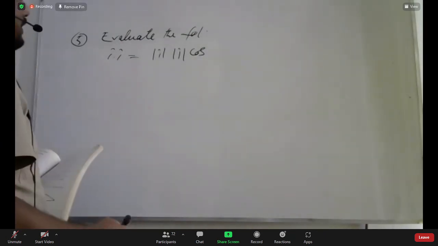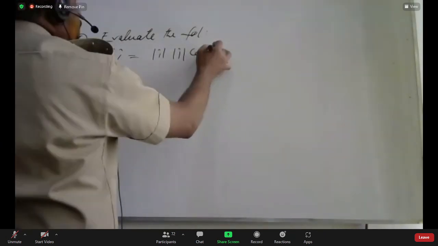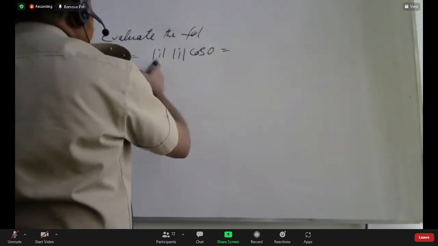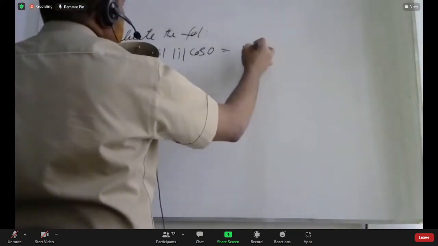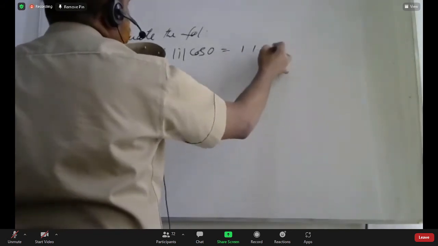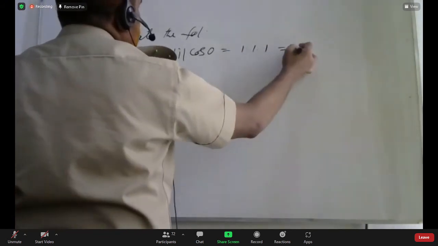What will be angle? 0. So this is equal to the magnitude of I, which is 1. Magnitude of I is 1. And what is cos 0? Cos 0 is also 1. So this is equal to 1.